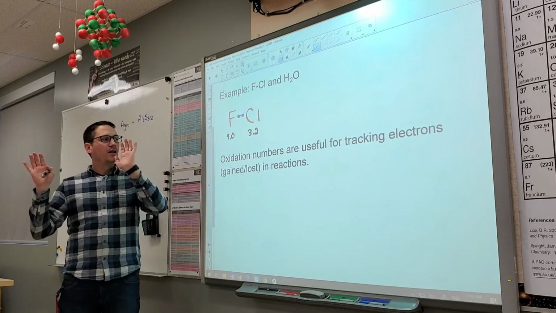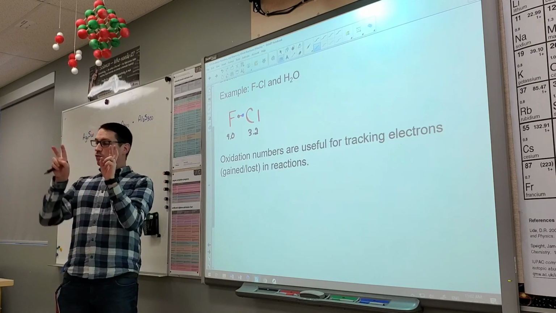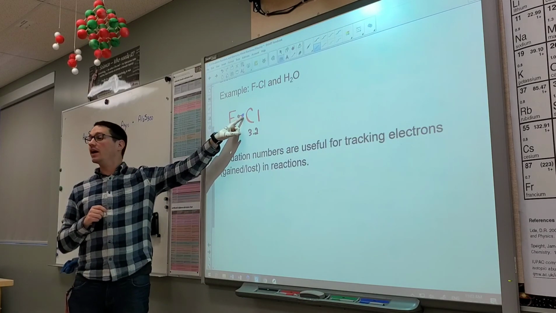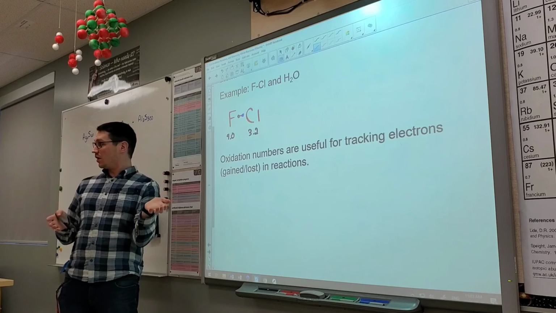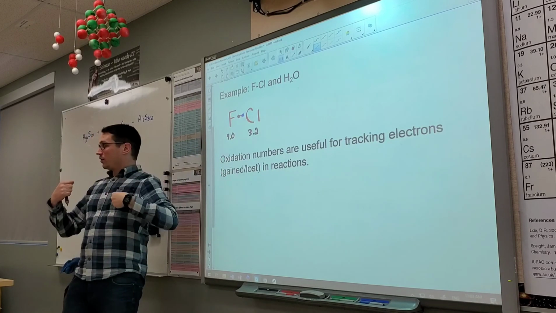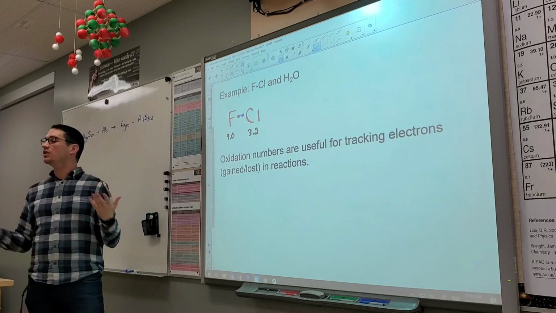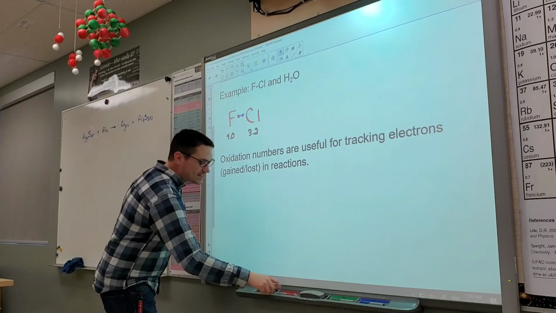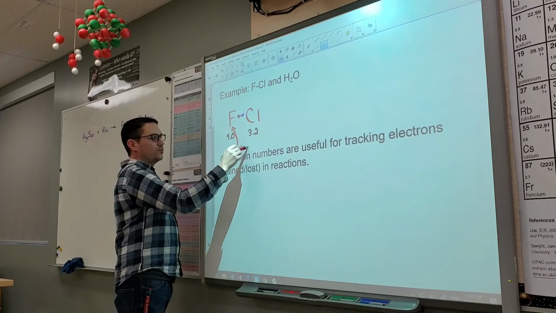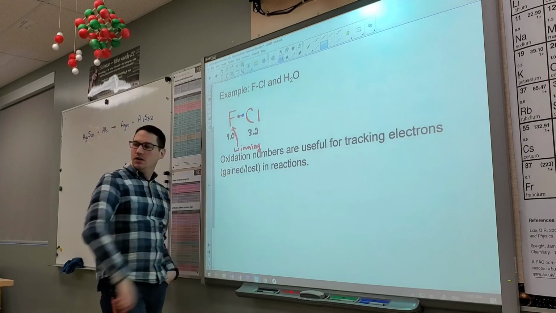But it also gained the electron that chlorine used to own. Now, it doesn't totally win. It doesn't turn into an ion. But we say that the fluorine is winning the battle.